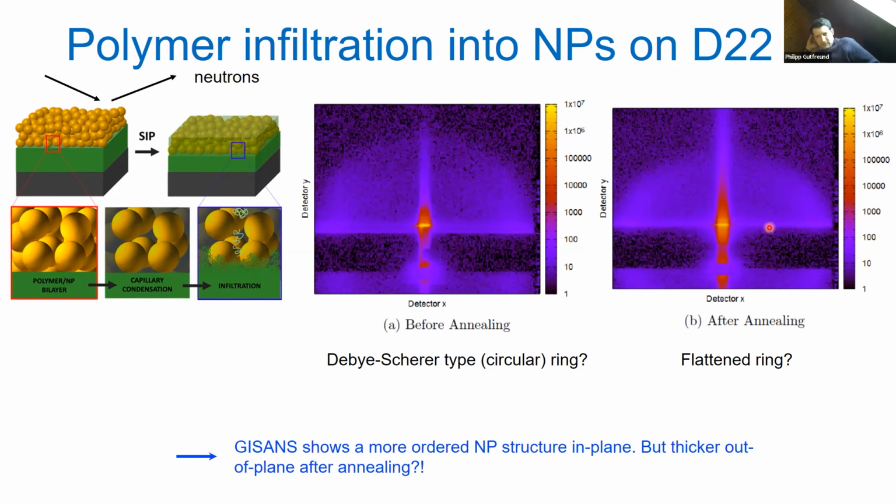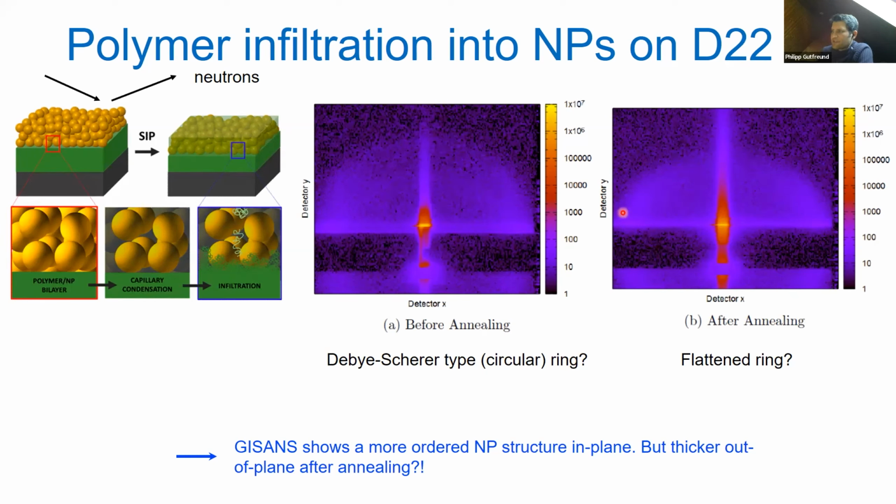Now we only analyzed this data qualitatively so far. So what we see after annealing, these peaks here, which are mainly related to the order of the nanoparticles. They're here on the around 20 nanometer size. In this size range, we mainly see the structuring of the nanoparticle and not its size.